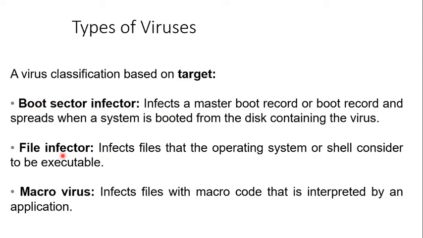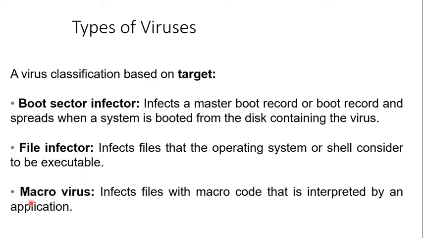The second thing is the file infector, which deals with infecting the files of the operating system. Once the system is ready, you may think about infecting the files of the operating system, or other executable files available in the computer. That is what a file infector virus is.